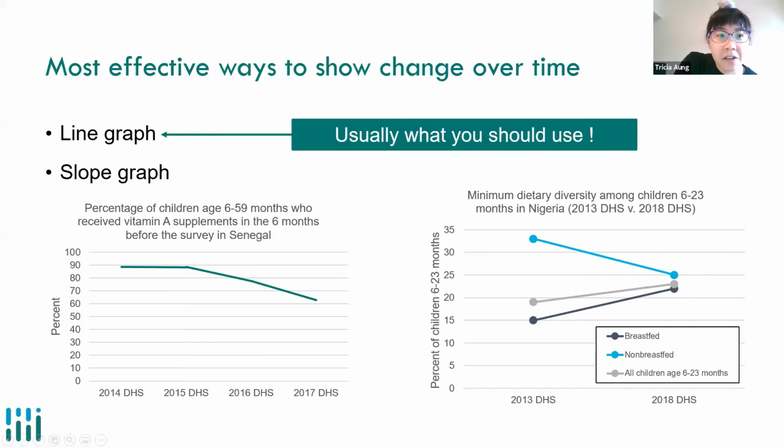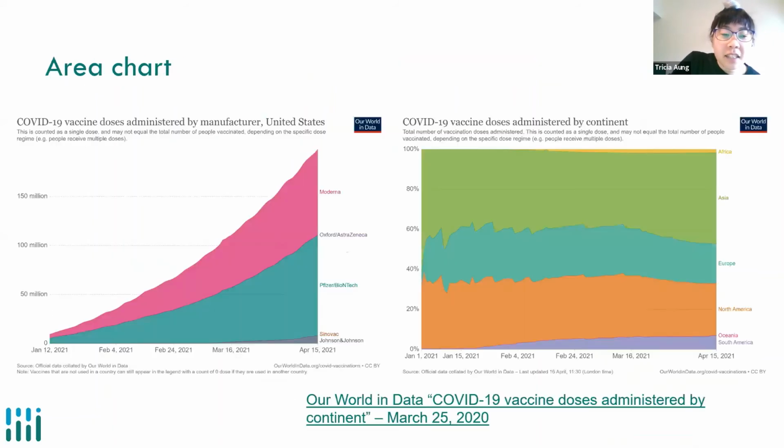So I'm going to move on to the final category in terms of key messages, and it's change over time. A line graph is traditionally what you want to use, but I mentioned a slope graph earlier in this presentation, and the slope graph would only be used for two different years in this case because the slope is based on two points.